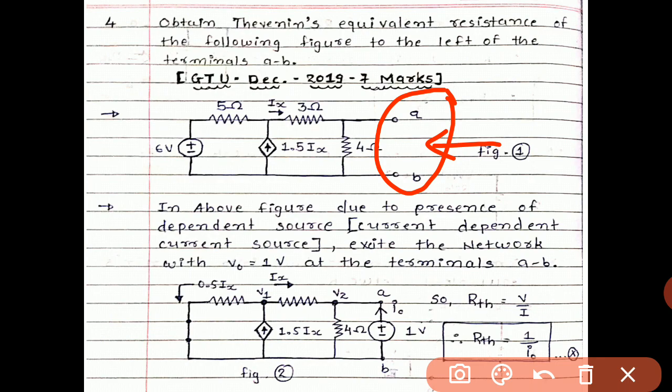In the figure we clearly see that one independent source is given, that is 6 volt, and only one source is independent. Here a current dependent current source is given.